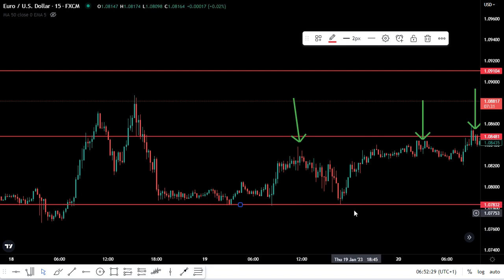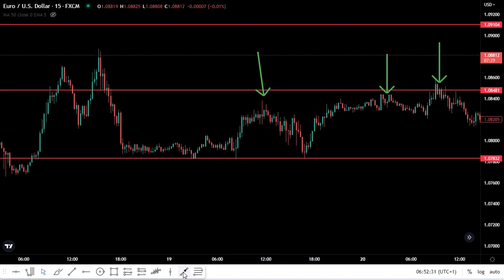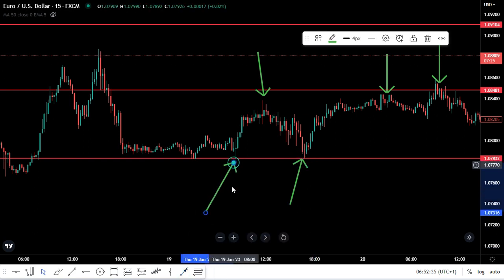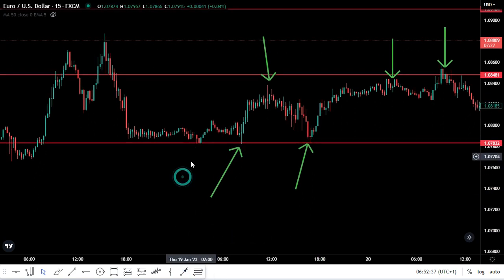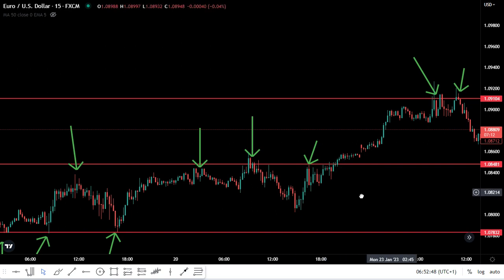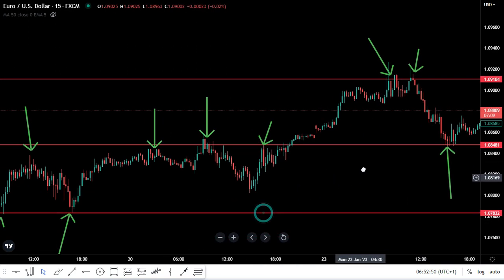Here is also a level of support, it serves as support right there, right here. So this is how to mark out support and resistance.